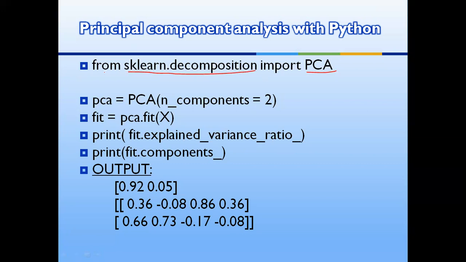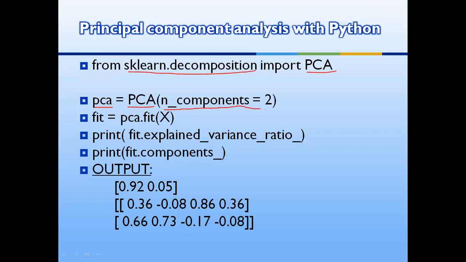So the first step is to import this package: from sklearn.decomposition import PCA. After importing your required library, you can create the object of this class, right? So here pca is the variable, and PCA is my inbuilt method, defined under the decomposition package, and we need to pass the number of components as a parameter.